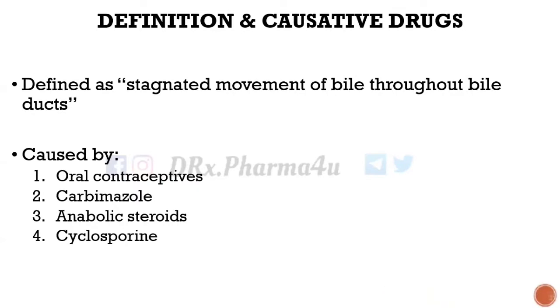That is why in malaria and all, usually people are advised that if there is any water body nearby, it should not be left stagnated, especially drains, because that becomes the breeding ground for mosquito and larva, which can further spread malaria. So if bile does not flow properly through bile ducts, so that becomes stagnated. That condition is known as cholestasis.